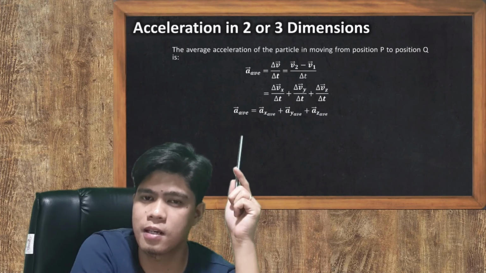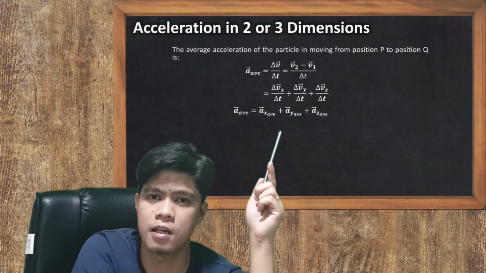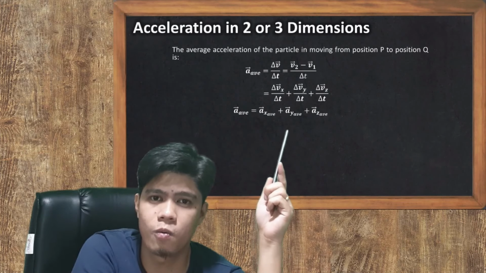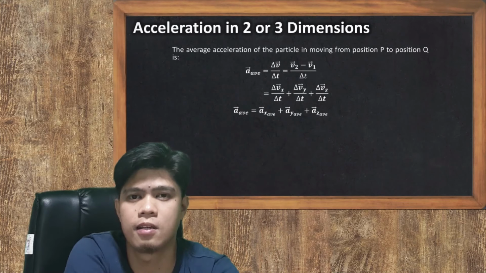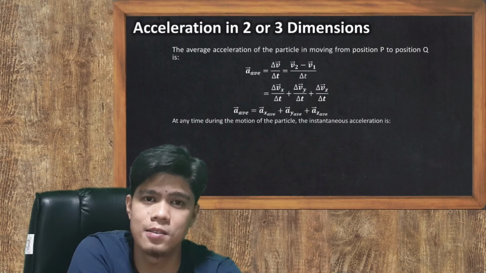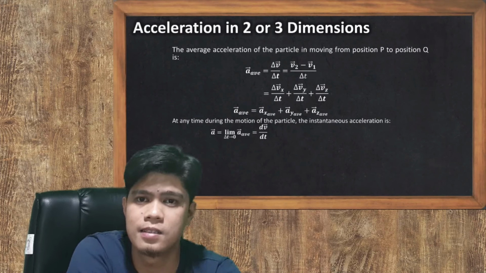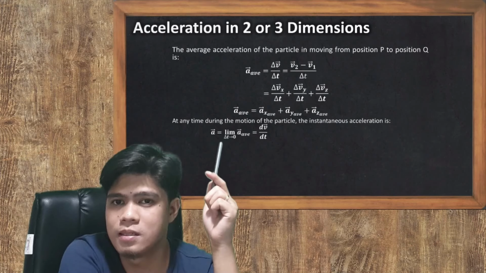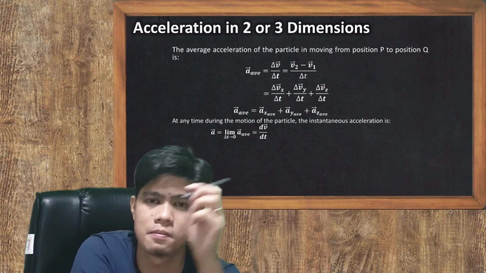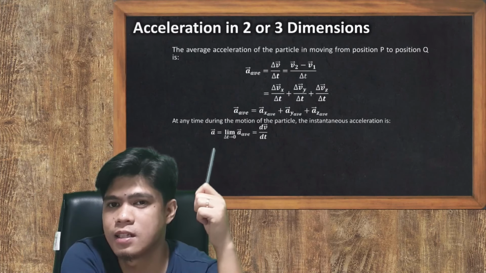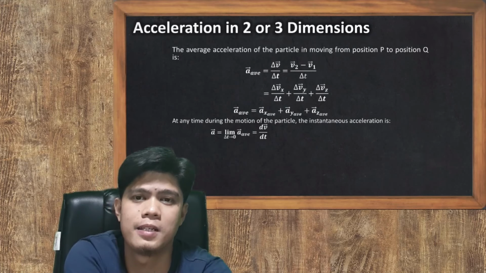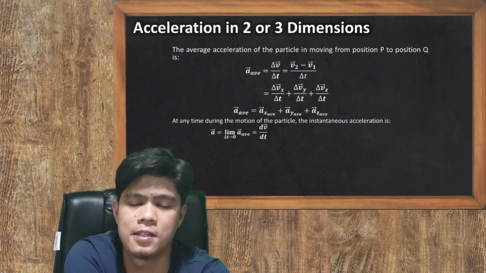So our average acceleration is just the average acceleration along x plus along y plus along z. Now the instantaneous acceleration is the limit of the average acceleration as delta t approaches 0. Meaning instead of using delta t, we use dt. So dv over dt, that is our instantaneous acceleration.